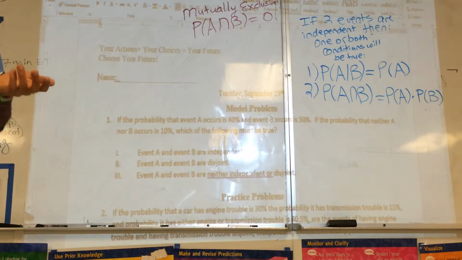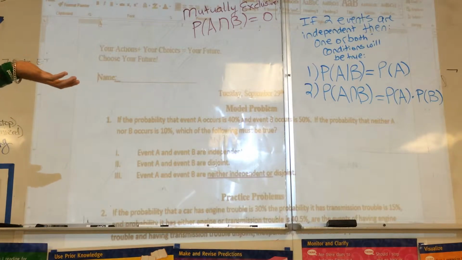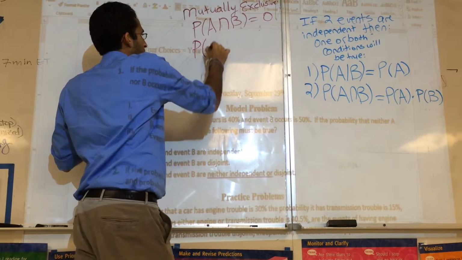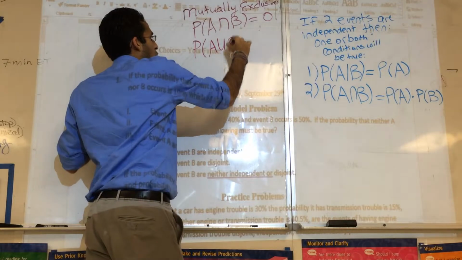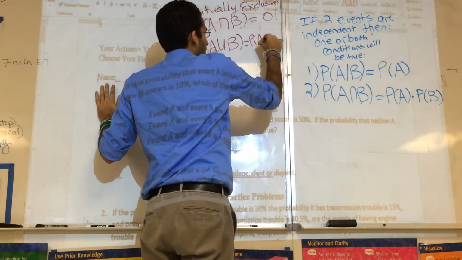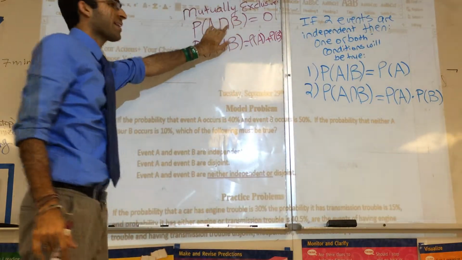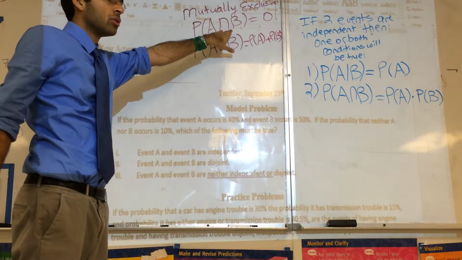Because if they're mutually exclusive, they can't possibly happen at the same time. We discussed this last week. And the other thing I know has to be true, let me just review it: A or B is the probability of A plus the probability of B. I don't need to subtract this because this is 0.